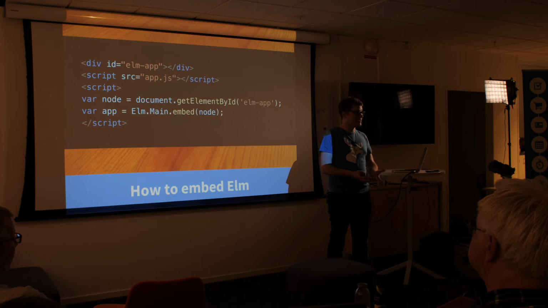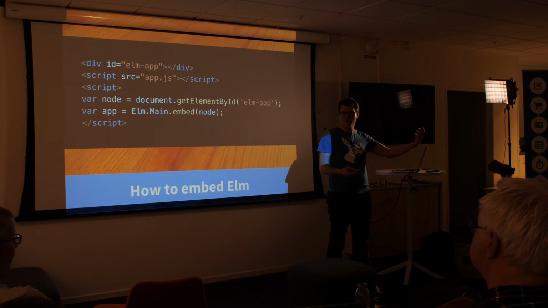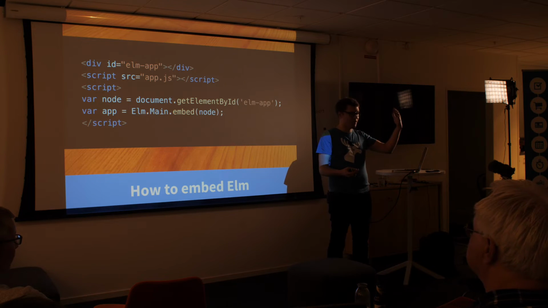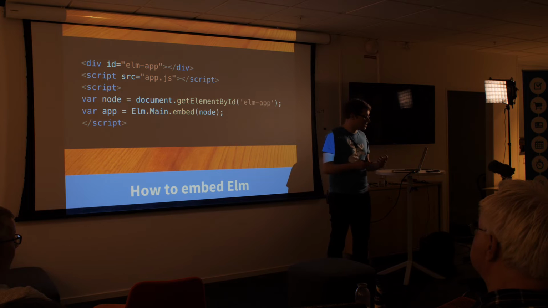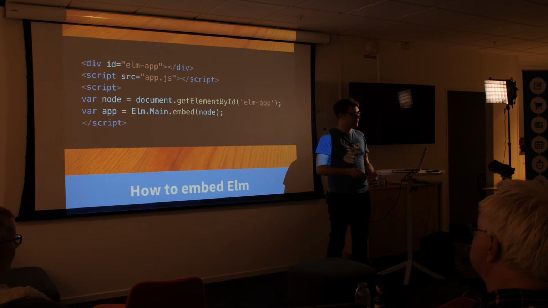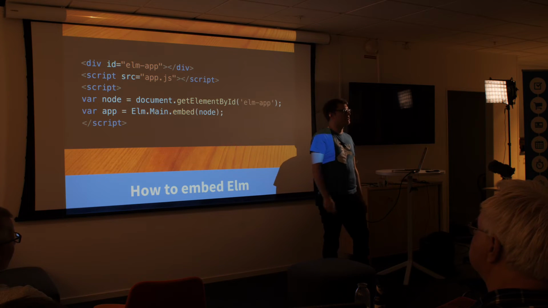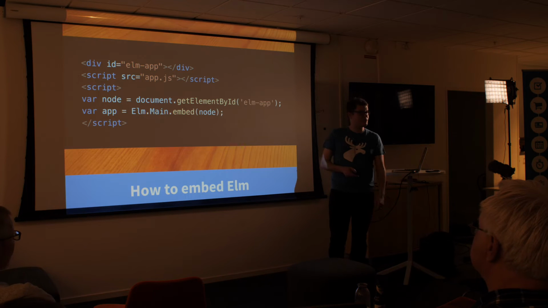You want it to behave exactly the same way as you compiled it and built it. So you don't have the Elm runtime separately from your bundle, your build. And actually, only the parts of the Elm runtime that are required by your application are going to be embedded. So it's a standalone bundle that is just executable with JavaScript.